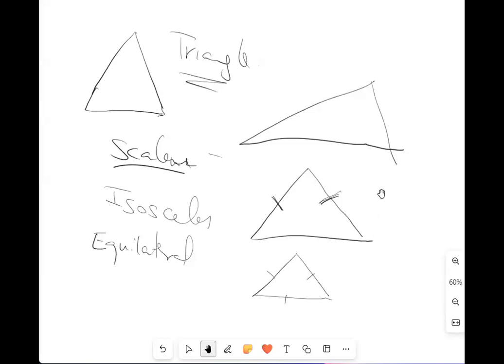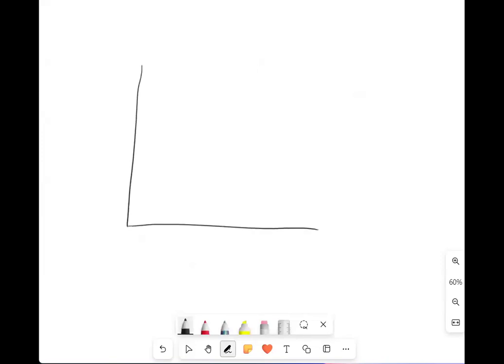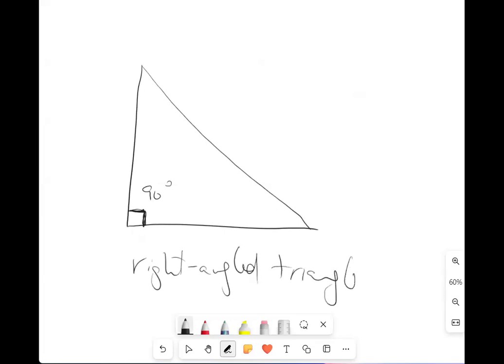I think earlier we talked about the right angle triangle. The right angle triangle is the one where the triangle has a 90-degree angle inside. That's a right angle triangle. Sometimes some people say right-angled, but here they don't have the abbreviation nor the D at the end.